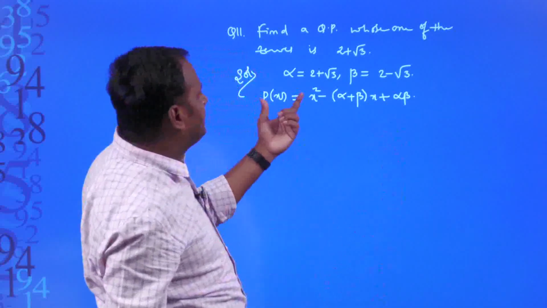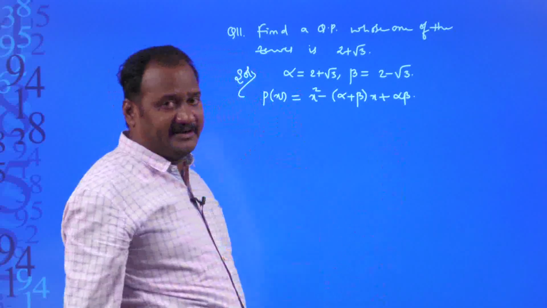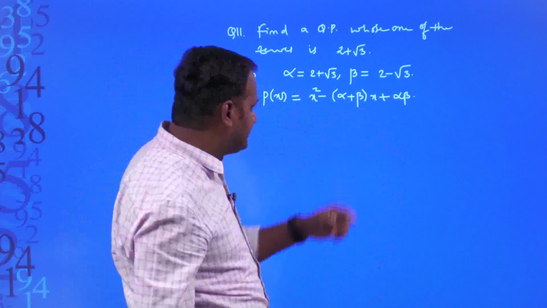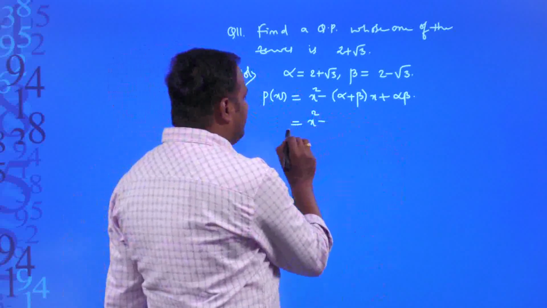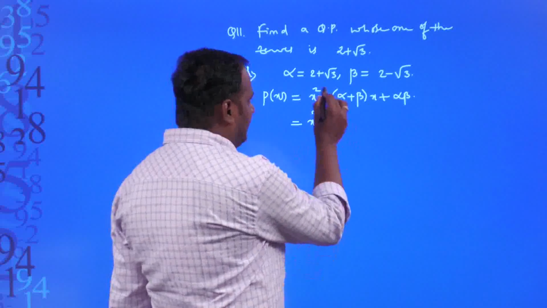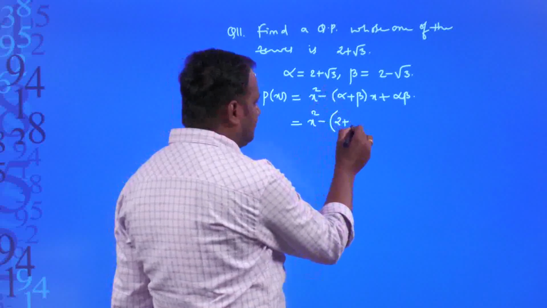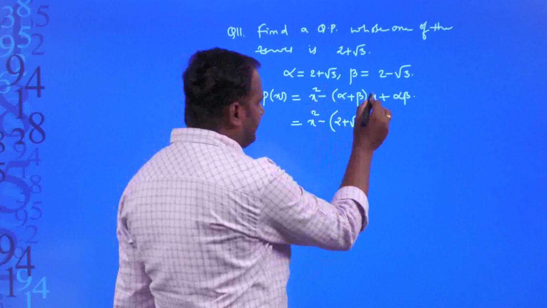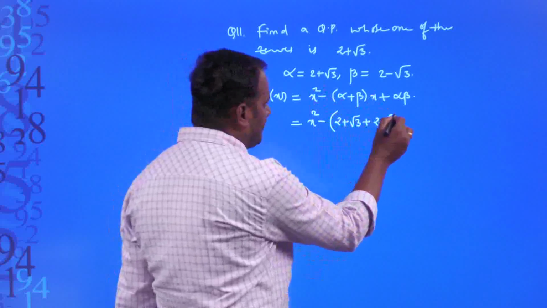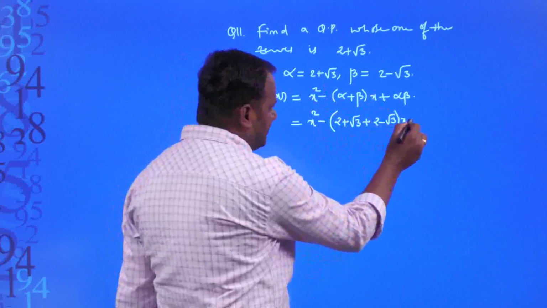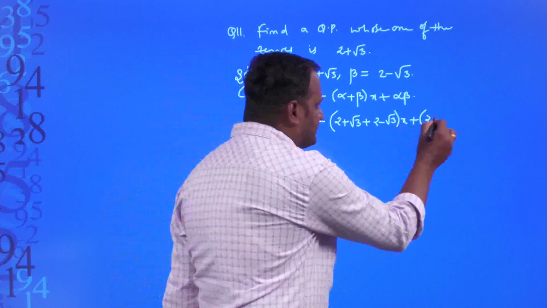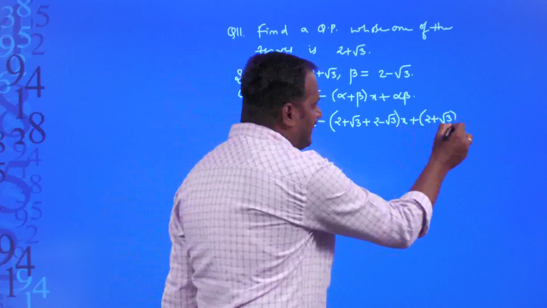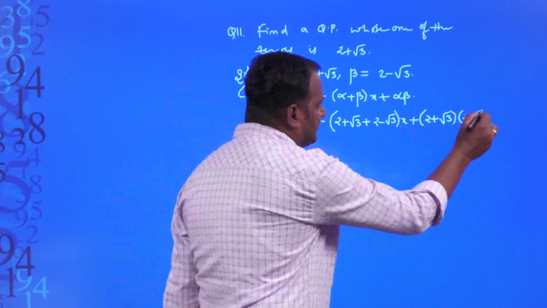When you substitute alpha is equal to 2 plus root 3 and beta is equal to 2 minus root 3 in this, it will become x square minus, alpha is 2 plus root 3 plus beta is 2 minus root 3, into x plus alpha into beta. Alpha into beta is 2 plus root 3 multiplied by 2 minus root 3.